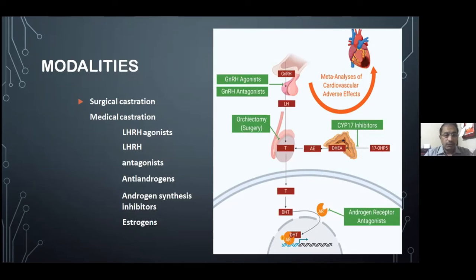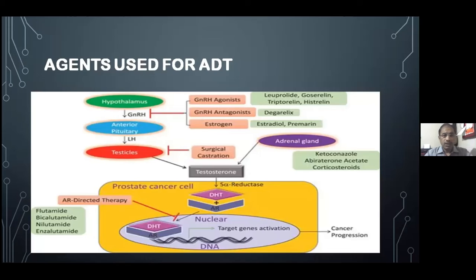We can give surgical hormonal therapy, and in medical hormonal therapy, we have LHRH agonist, LHRH antagonist, anti-androgen, androgen synthesis inhibitor, and also estrogen. Out of these, surgical castration and LHRH partial agonist and antagonist are primarily in use in the clinic. Now, what are the agents used? Again, highlighting where they are used: the partial agonist and antagonist work between the hypothalamus and anterior pituitary, where they act on GnRH.